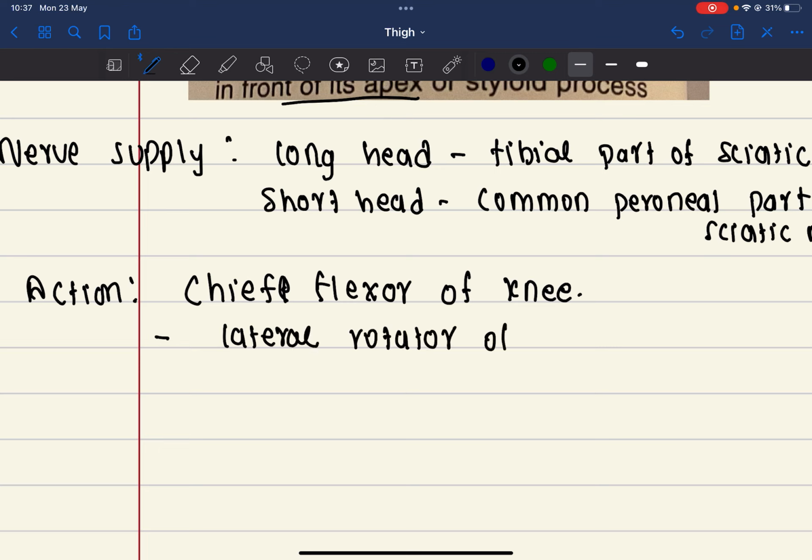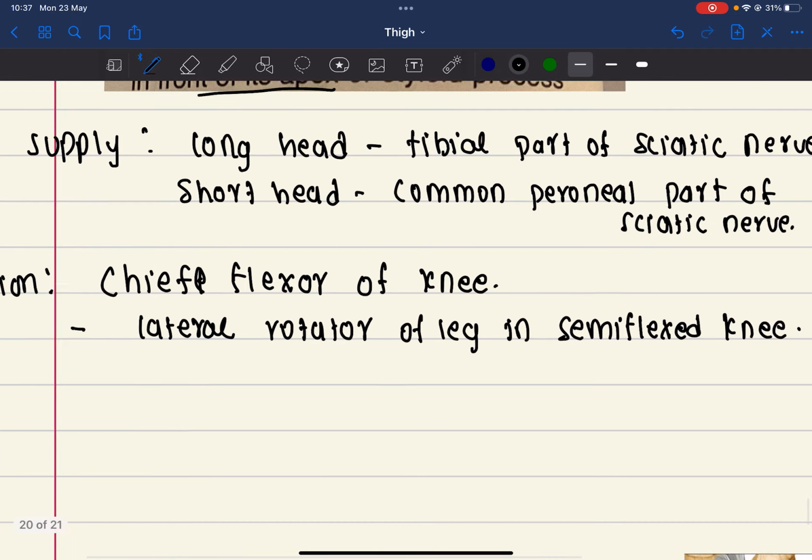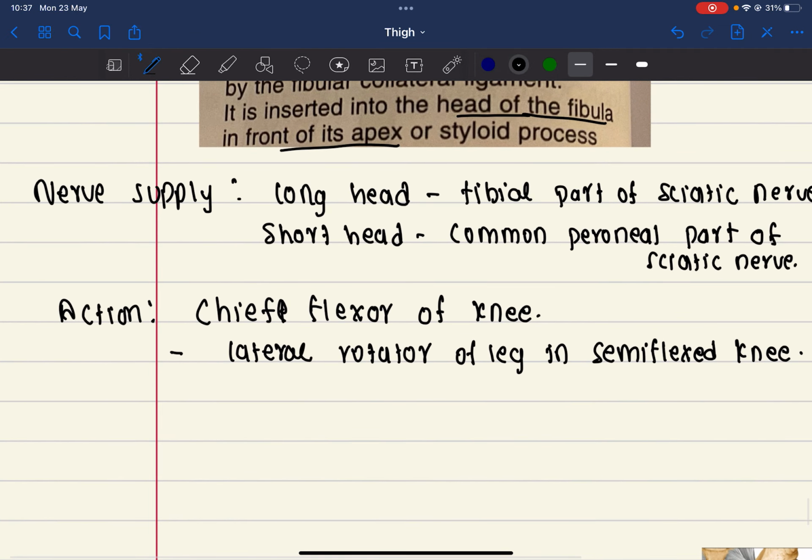It is the lateral rotator of knee. It is the lateral rotator of leg in semi-flexed knee. So this is the action.